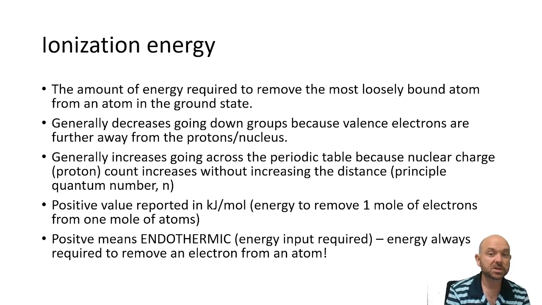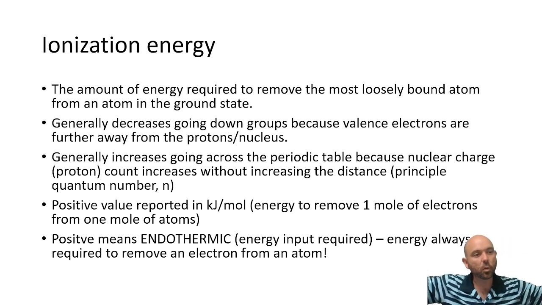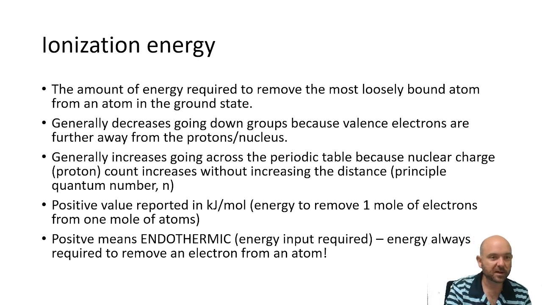This trend generally decreases going down groups because valence electrons are further away from the protons in the nucleus. So when we have a big atom down near the bottom of the periodic table, its valence electrons are way, way away from the nucleus, and they're not attracted very hard by that positive charge. So it takes less energy to pull that electron away.